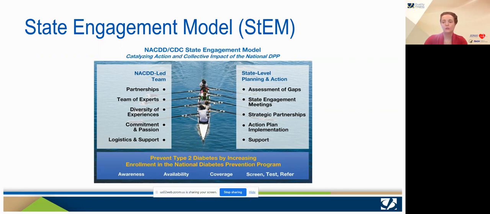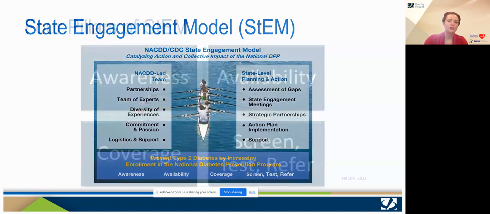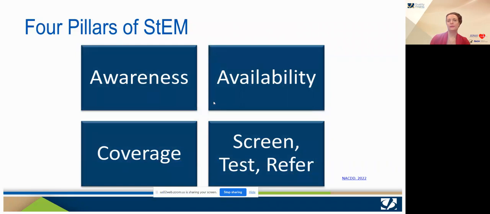The overall goal is increasing enrollment and retention. So I just alluded to the 4 pillars of STEM, which are awareness: broadening the awareness of providers, of patients, of the general public about the National Diabetes Prevention Program and prediabetes.